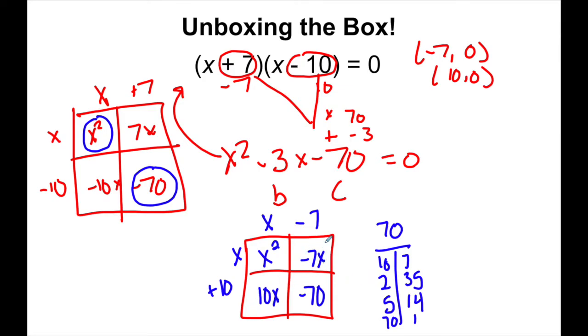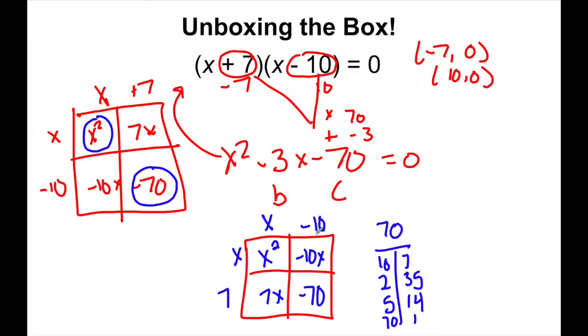So, okay, wait a minute. This is 3x, not -3x. Okay, so I made a mistake. I have to check. And you know what? That's okay, because getting the not-right answer gave me a sense that, wait a minute, it was just a -3 instead of +3. So maybe if I make the 10 the negative and the 7 the positive, then I'll get what I want.